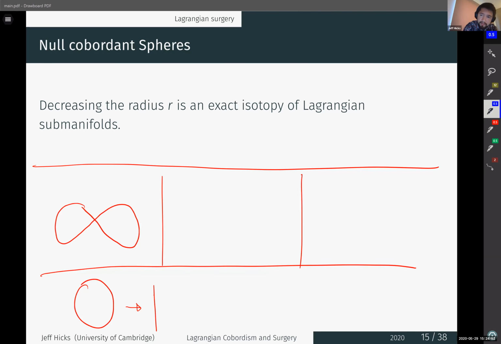The Whitney sphere will be mapped to this figure 8 in the plane, in such a way that the maximum of the sphere and the minimum of the sphere under projection to the z0 coordinate are mapped to the same point, the origin.